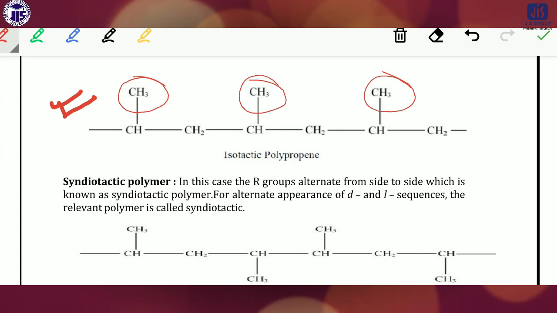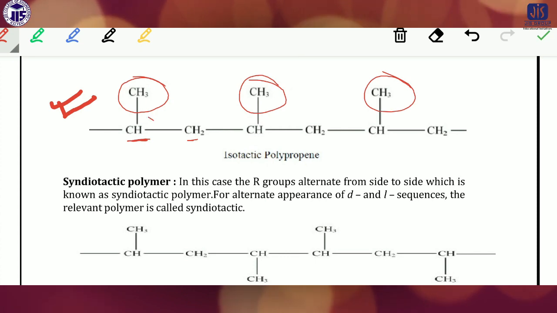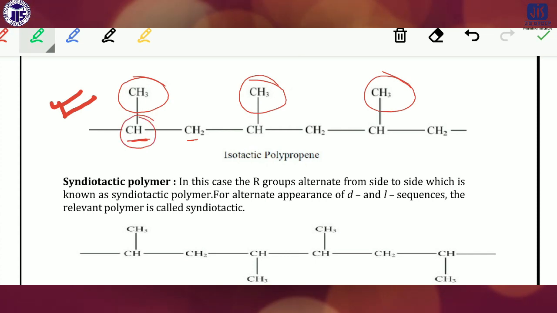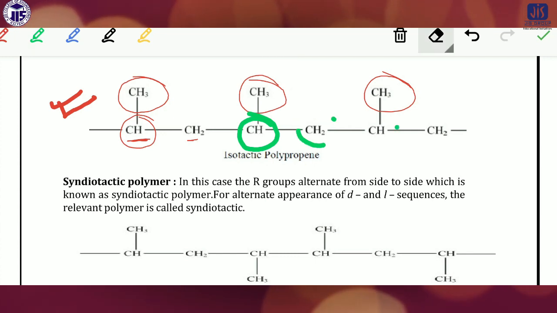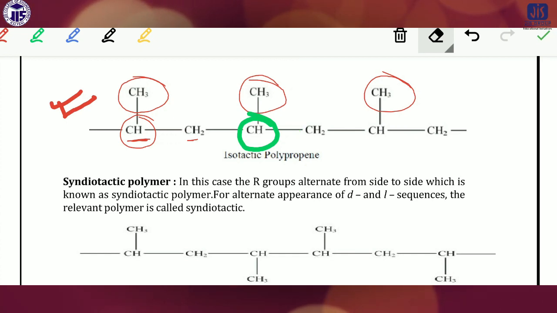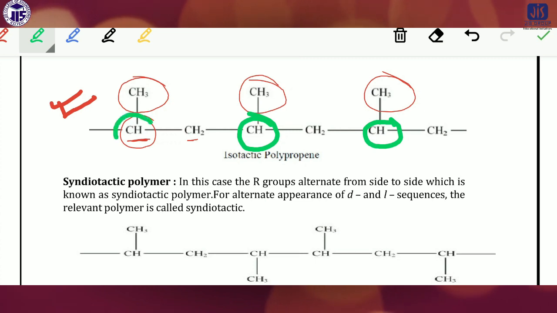These carbons are chiral centers, isn't it? Look here, all the green highlighted carbons are chiral centers.